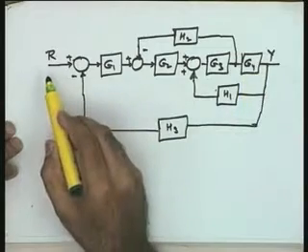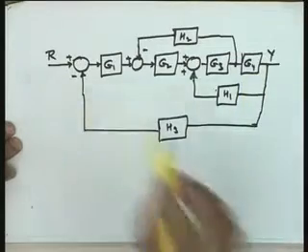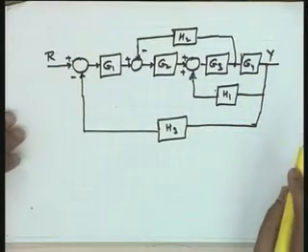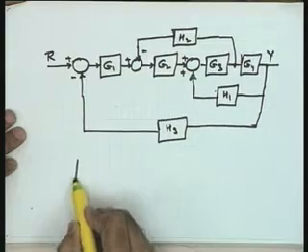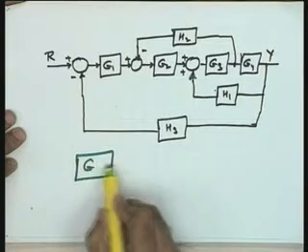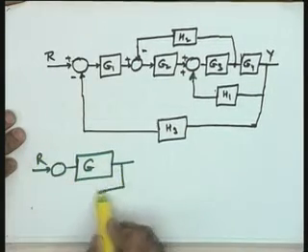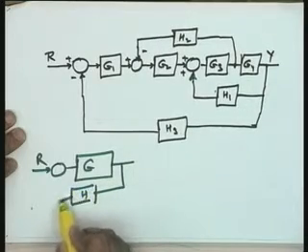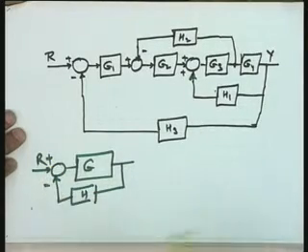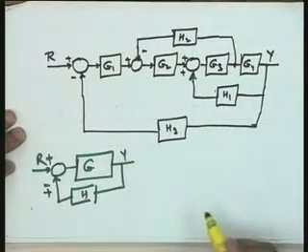Now, in this particular case, if I am interested in the relationship between Y and R, what is the primary tool available with me? The primary tool available with me is the basic feedback loop, plus minus, or it could be plus as well. This is the basic feedback loop.